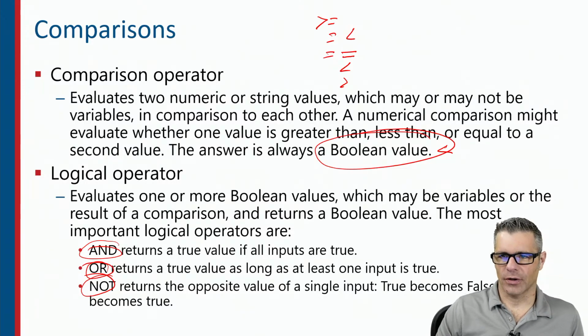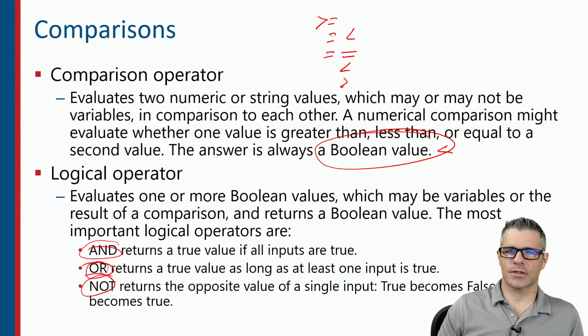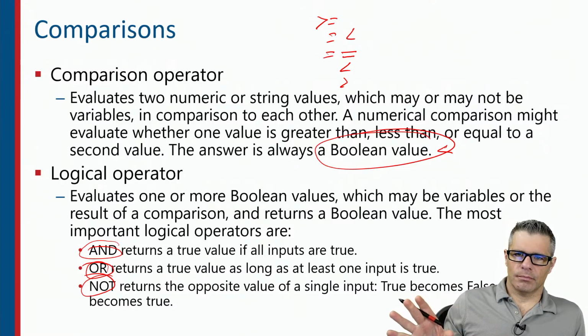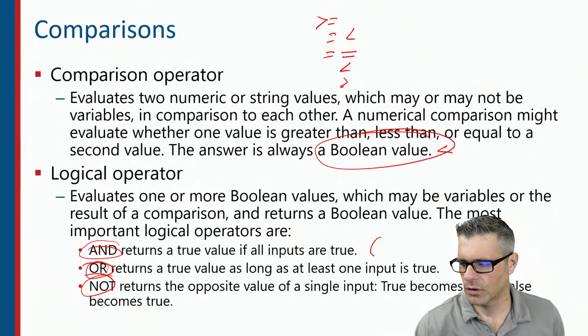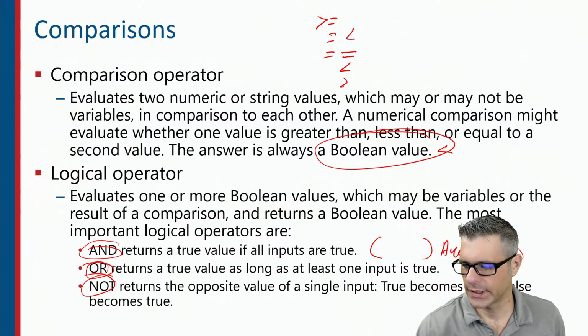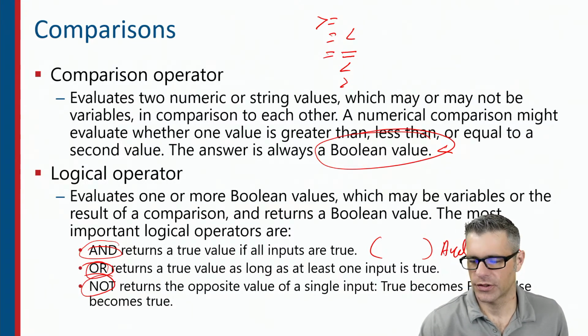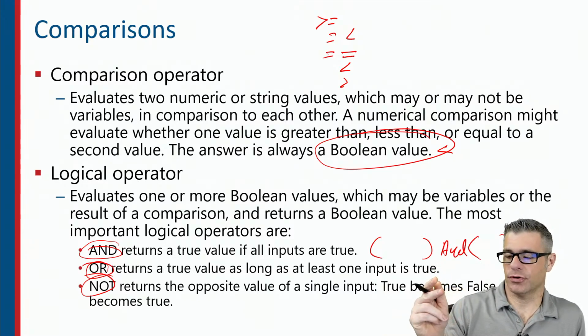There are truth tables that go along with each one. There are other ones like NAND or exclusive OR, which comes up a lot if you're going to do cryptography. But the most common: AND is test 1 and test 2 true? So both of them must be true.